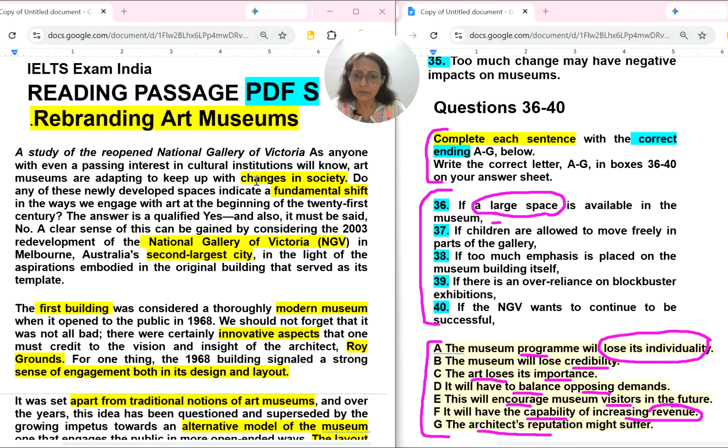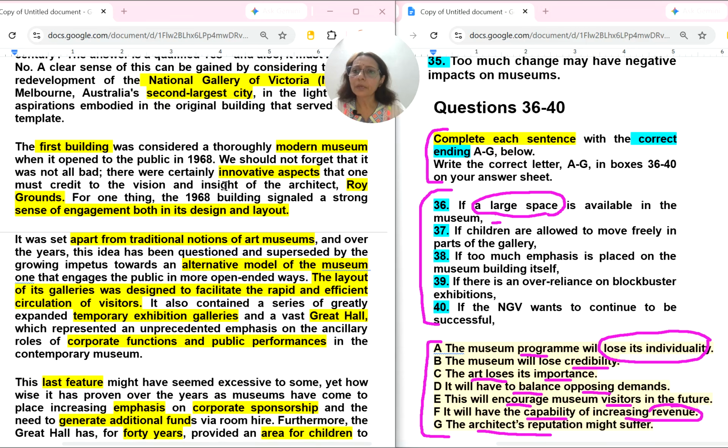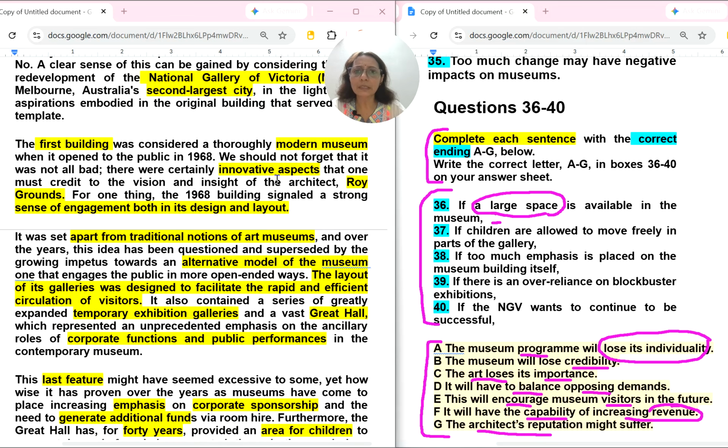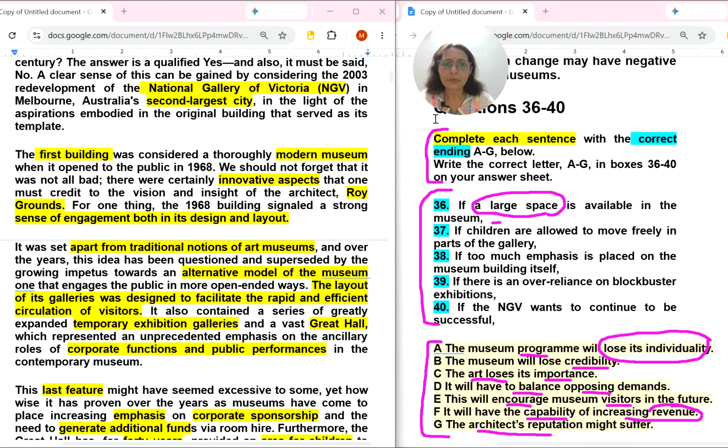The first building was considered a third modern museum. It opened. I am looking for large space. Inside the building there is a strong sense of engagement, so this is also not serving any purpose for us.